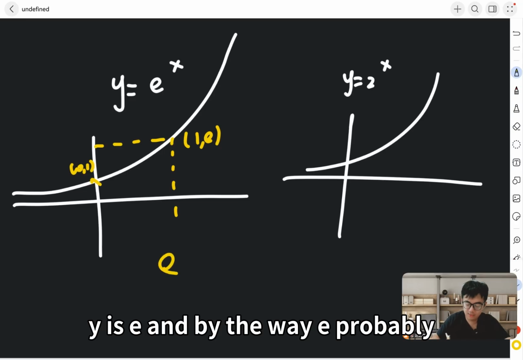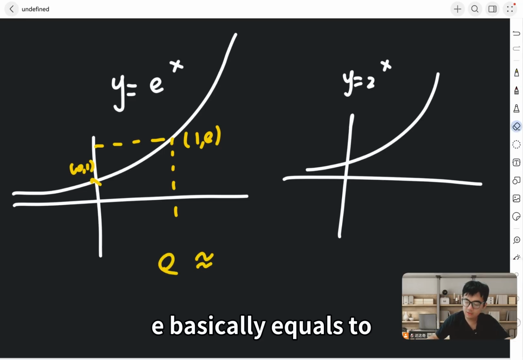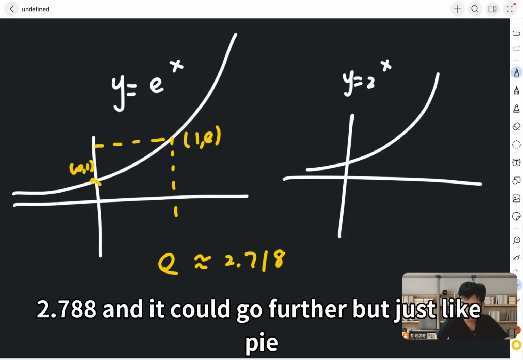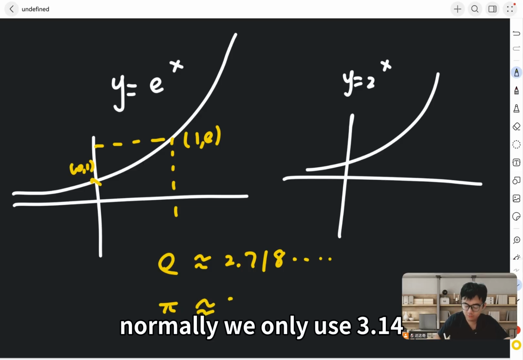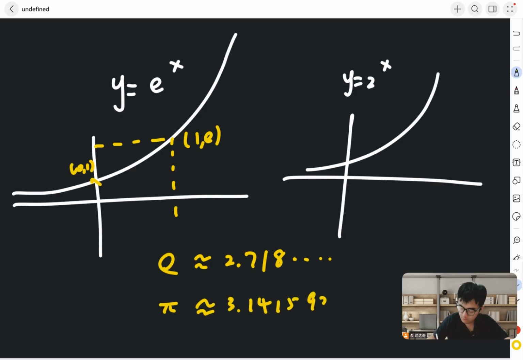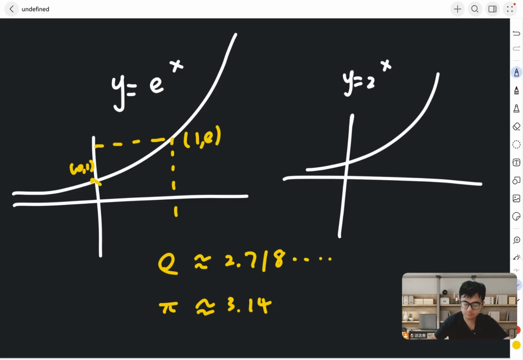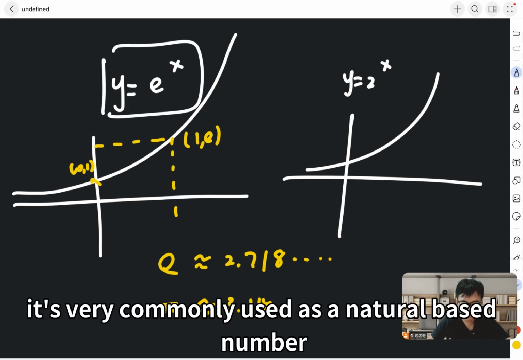And by the way, e is approximately 2.718, and it could go further, but just like pi, normally we only use 3.14, even though we could go on further. The most commonly used are 2 decimals, and that will be it. It's very commonly used as a natural base number.